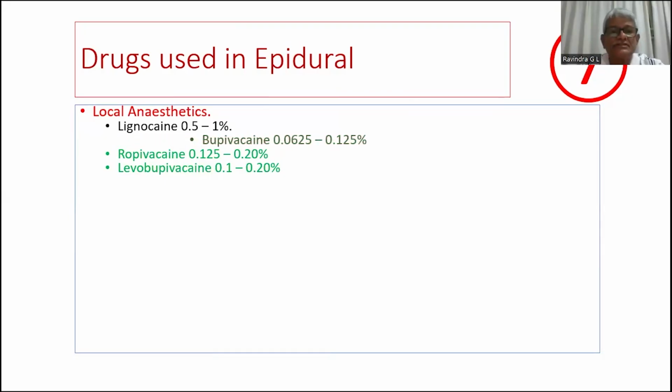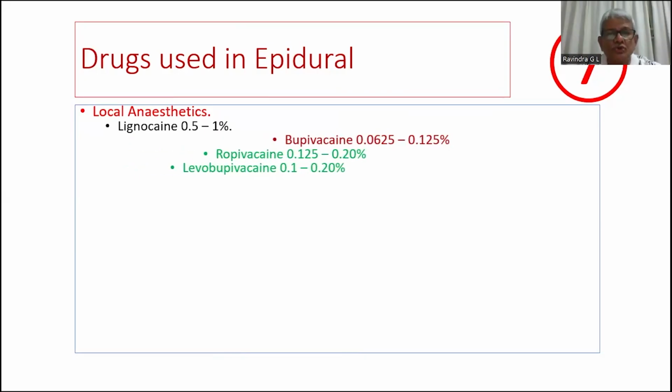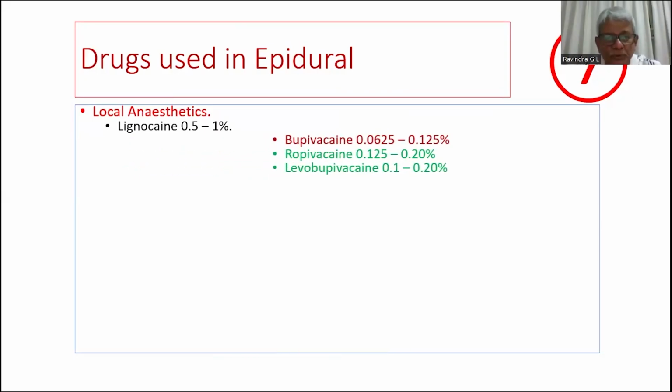But the time-tested one, the one which has stood the test of time, is bupivacaine, closely followed by ropivacaine and levobupivacaine in the past 2 to 3 decades. But if you see the concentration difference, bupivacaine is probably the most efficacious. If you consider the quality of the blockade, probably bupivacaine scores over the others.